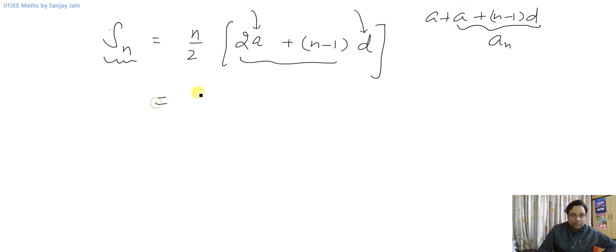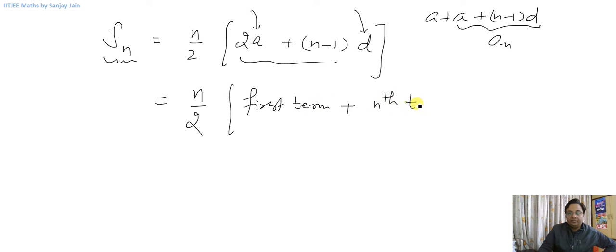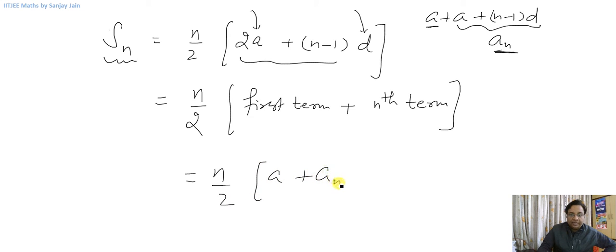So this can also be seen as n by 2 into first term plus the nth term, right? If I write the first term as a and nth term as an, then I can write it as n by 2 into a plus an also, right?